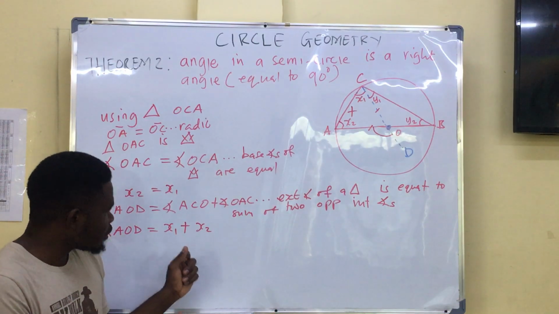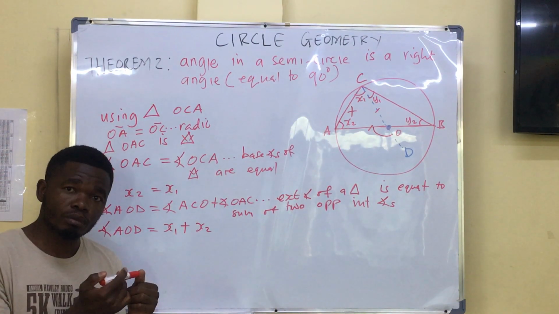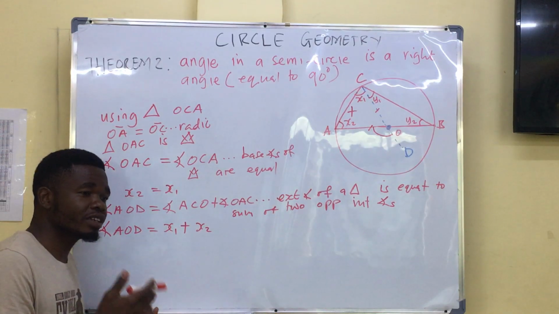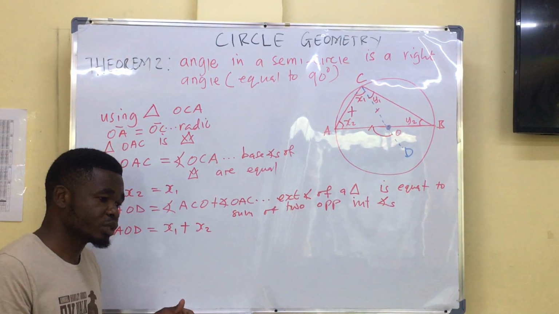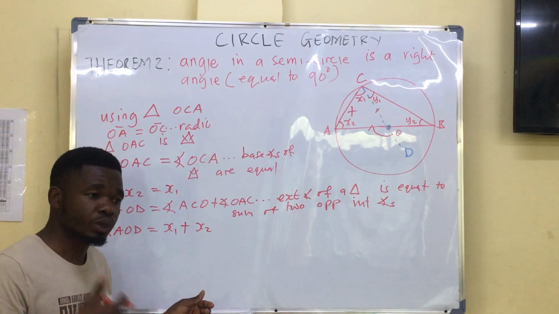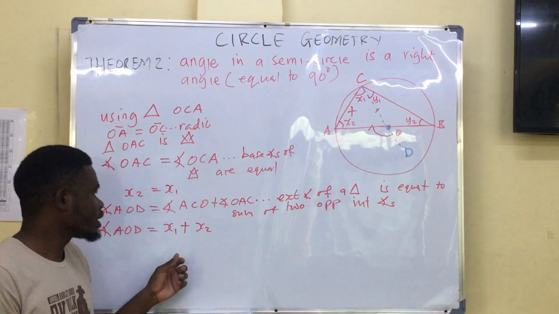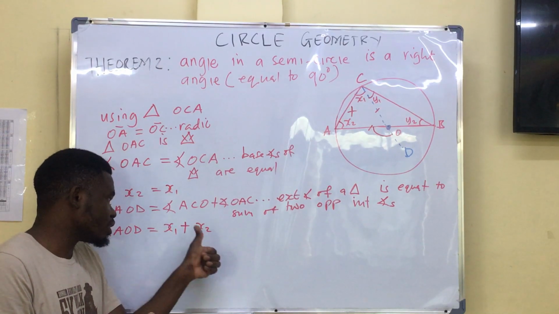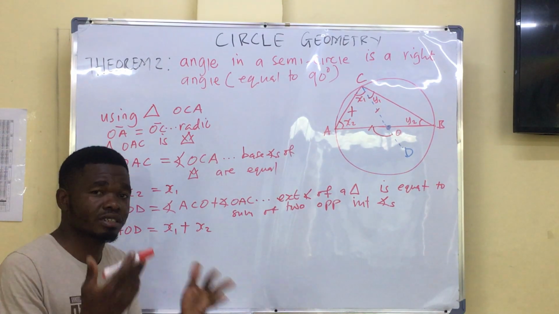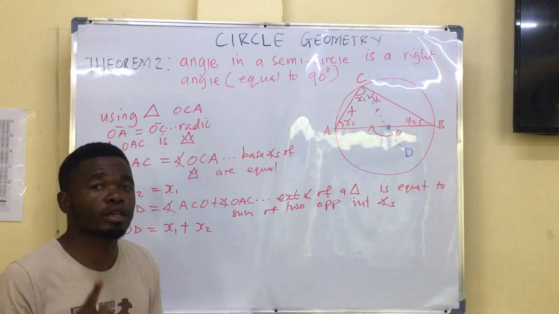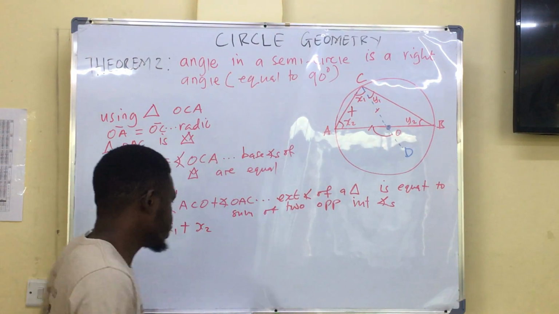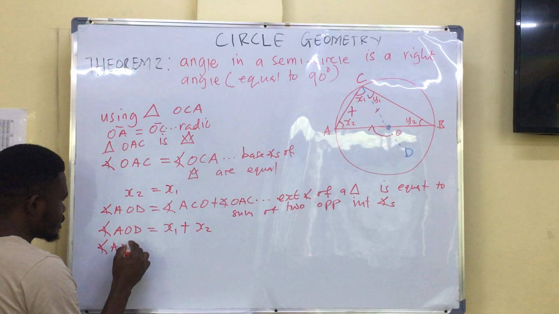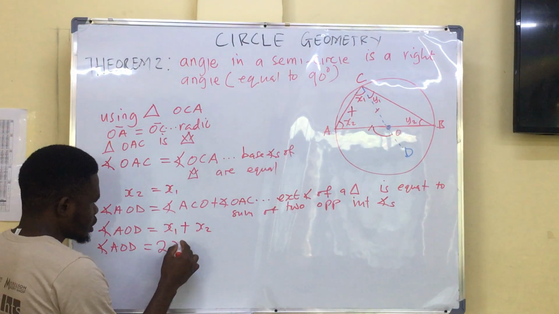If X1 is 30, 2 times 30 is 60. So the result will be the same as adding 30 of X1 and 30 of X2. So we'll take one angle and multiply by 2. Meaning that the angle AOD is equal to 2X1.